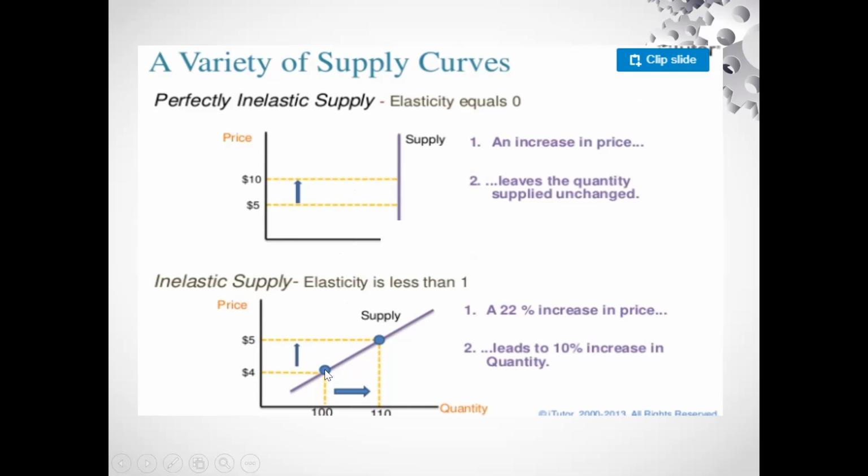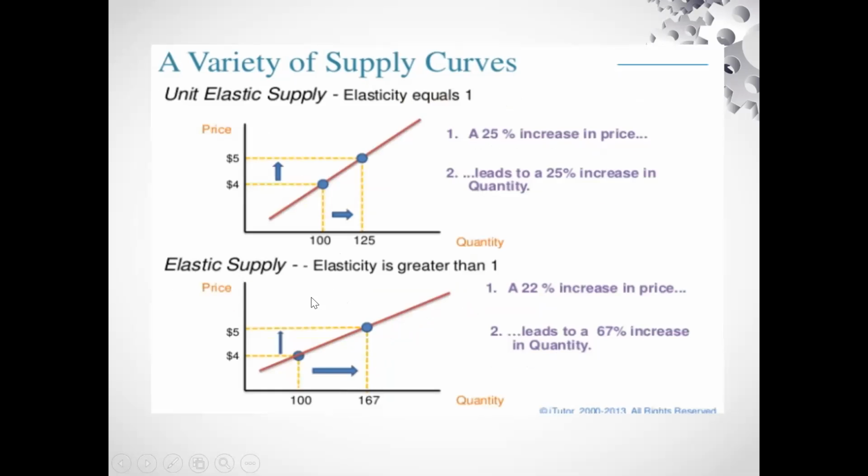In the case of inelastic, with 22% and 10%, it is a little bit larger. In the case of elastic also, it is larger, with 10 and 100 and 167. But in the case of the unit elasticity curve, a 10% increase in price and a 10% increase in quantity take place. Okay, so that's all with elasticity of supply.